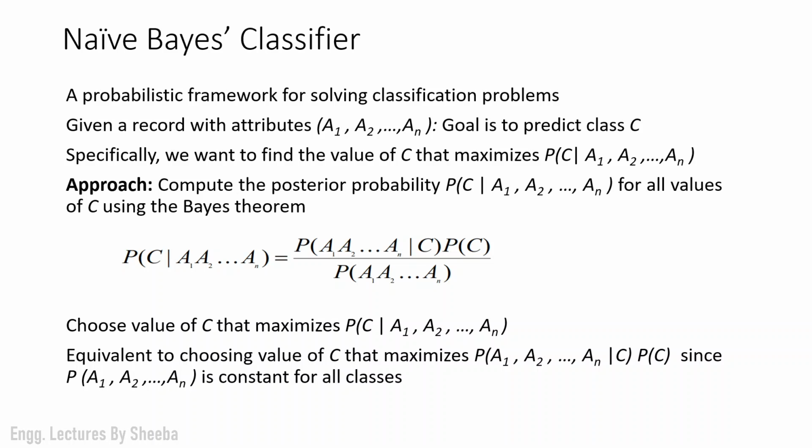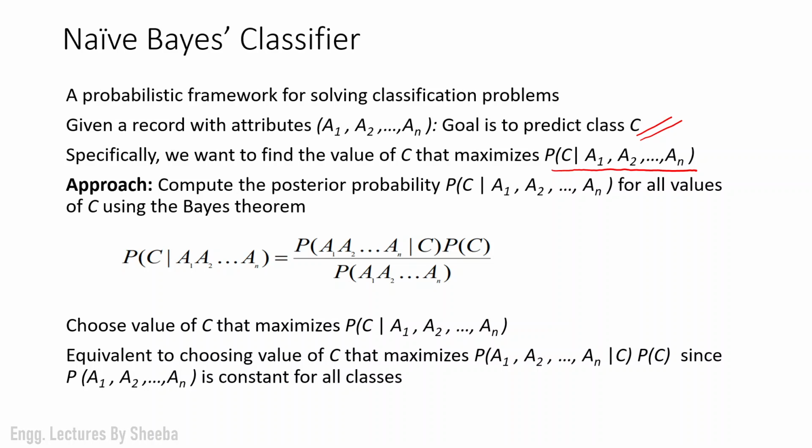Or you have a data set in which you have to predict the class, whether it is yes or no, or male or female. So we want to find the value of C. C represents the class. It can be yes or no, or male or female. We will be finding the value of C which maximizes this probability. What is this probability?